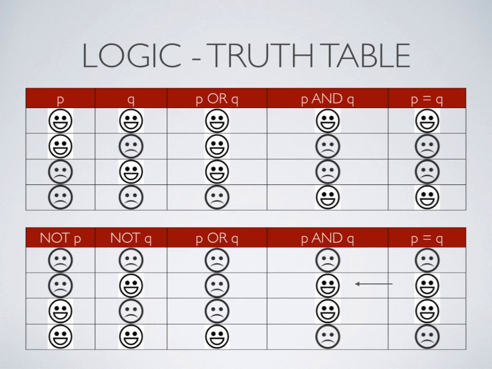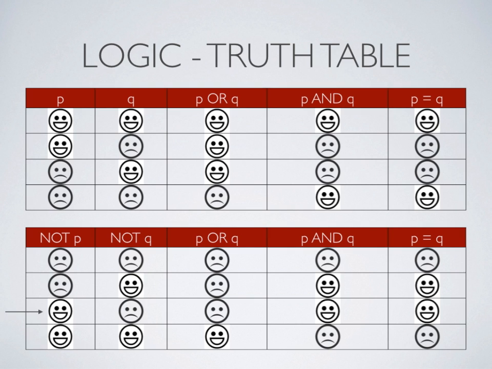And our AND section in turn will actually be happy because we are not sad. A little weird how this works, but if you look at the table above, you essentially flip everything around. And then our P equals Q section, we're going to have the same thing happen where you would normally expect it to be sad and we are actually happy.